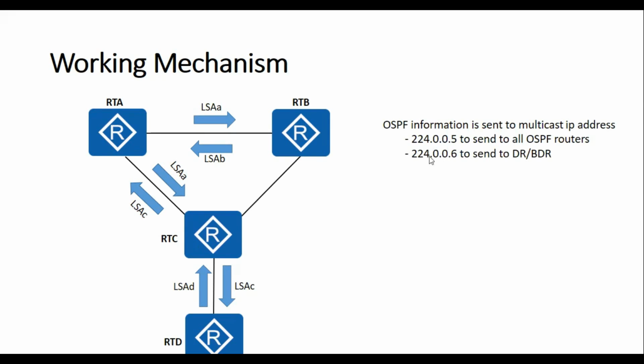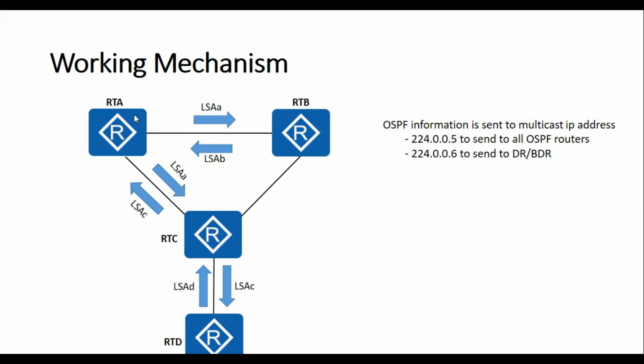The link state information is sent to a multicast IP address. When sending a link state advertisement, it will send to either of 2 multicast IP addresses, depending on the network topology. We will look at the network types in OSPF, but these are the multicast IP addresses used by OSPF. 224.0.0.5 is for sending to all OSPF routers.